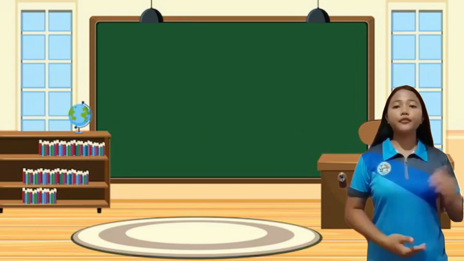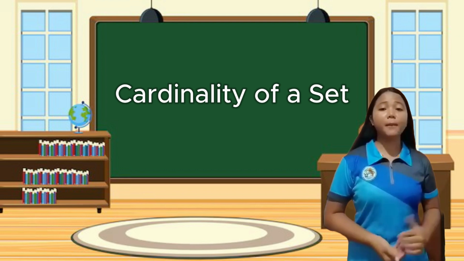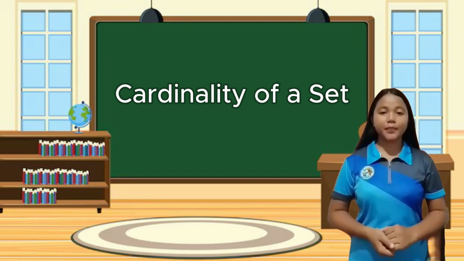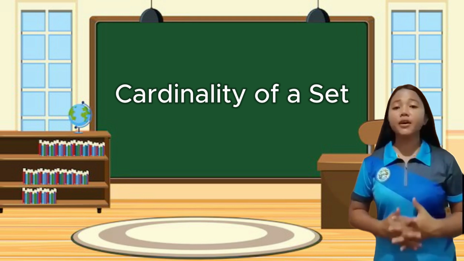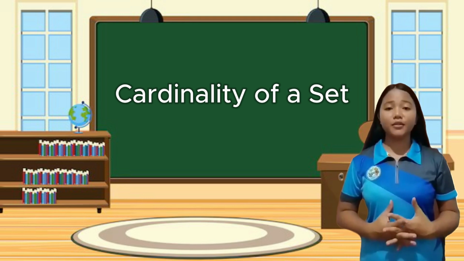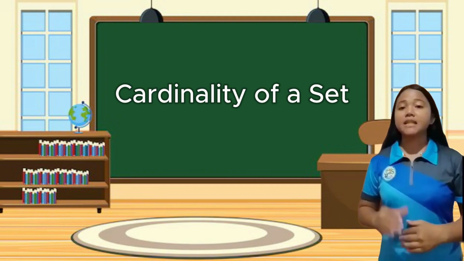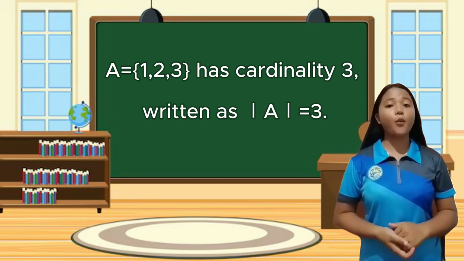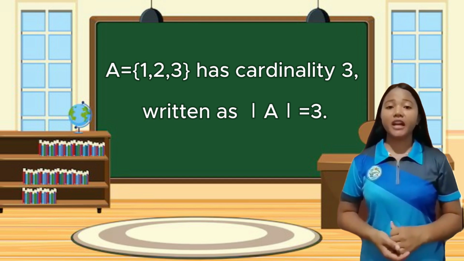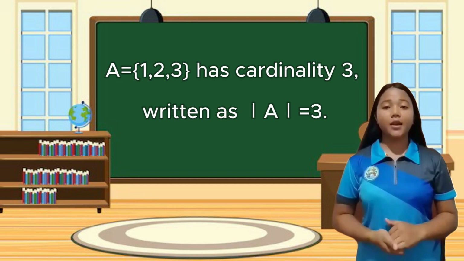Moving on, let's talk about cardinality, which is the number of elements in a set. If a set has a finite number of elements, its cardinality is just the count of those elements. For example, set A is equal to the set 1, 2, 3 and has cardinality 3, written as the cardinality of A is equal to 3.